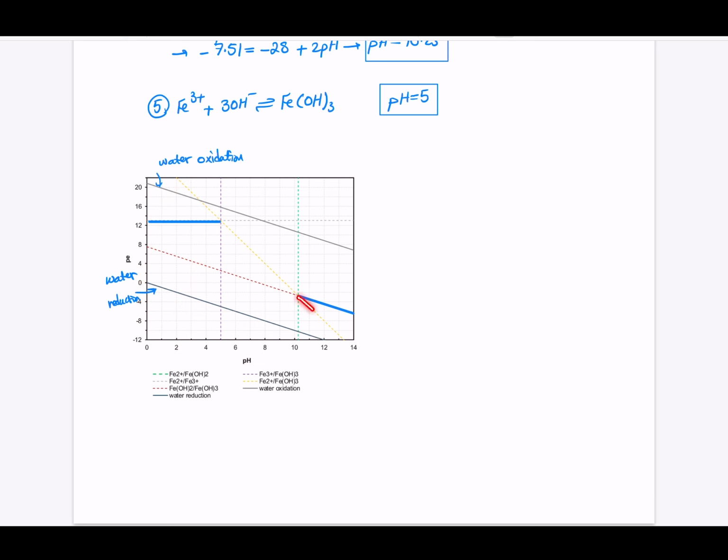And now let's focus on this part. This part, based on this green line, is the territory of FeOH2. But this is related to FeOH3, has nothing to do with FeOH2. So this part is also gone. So the only part that is left, which makes sense thermodynamically, is this part.